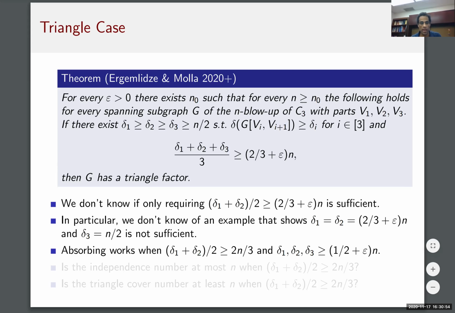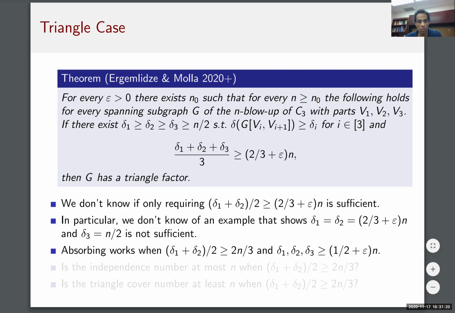So what are we thinking right now? We want to find a counterexample to this kind of condition: some blow-up of a C3 that meets these minimum degree conditions but does not have a triangle factor. So this is the strange one where we've dropped this third one down to n over 2.